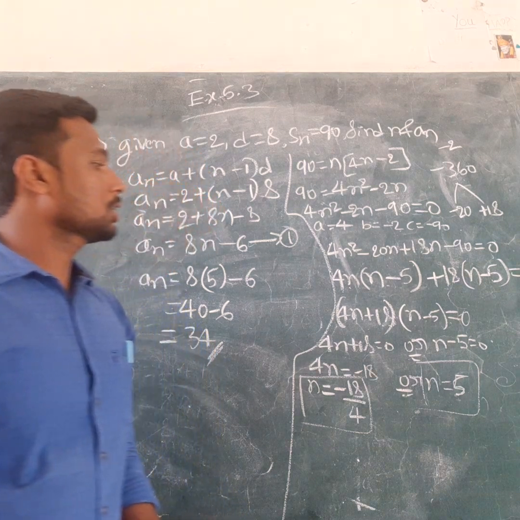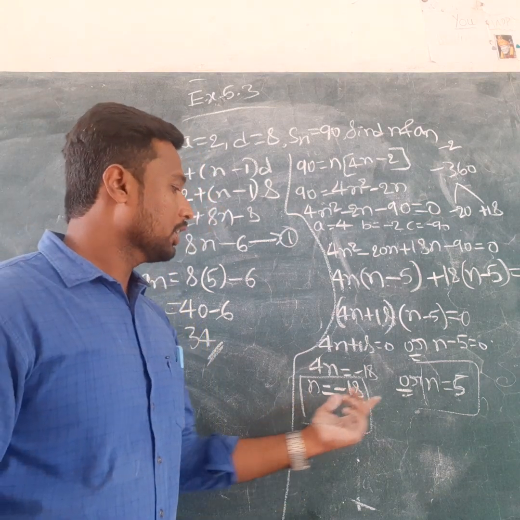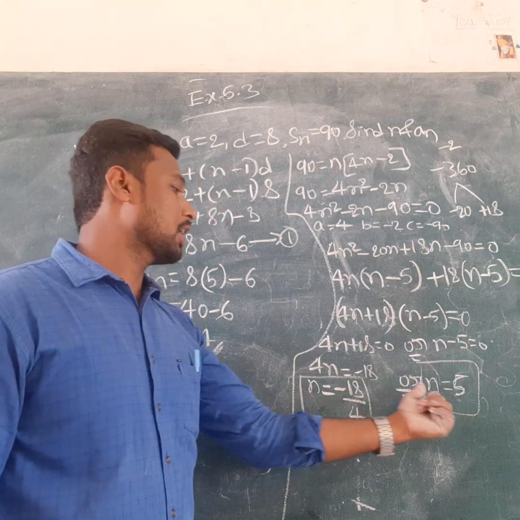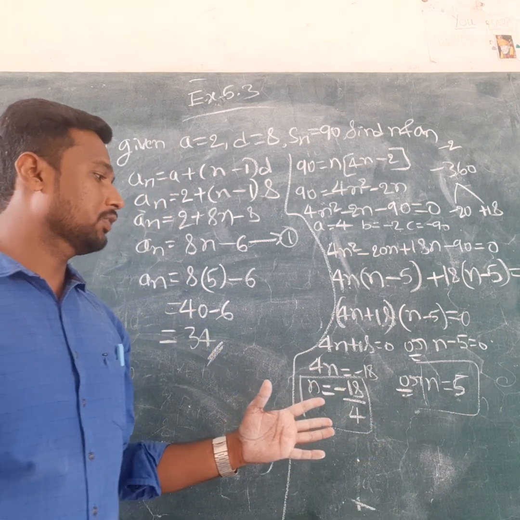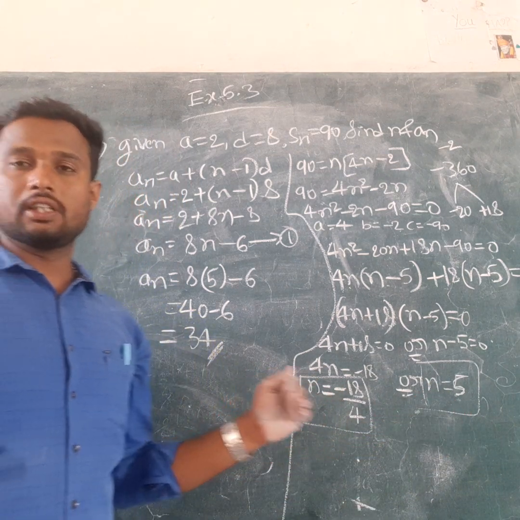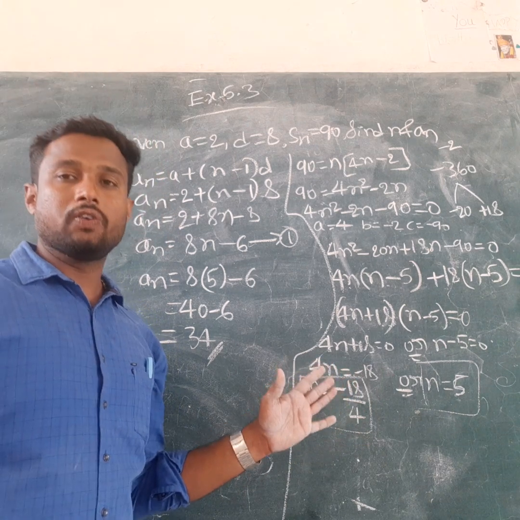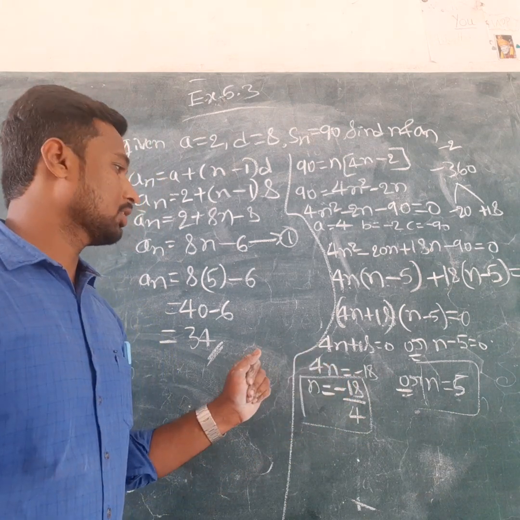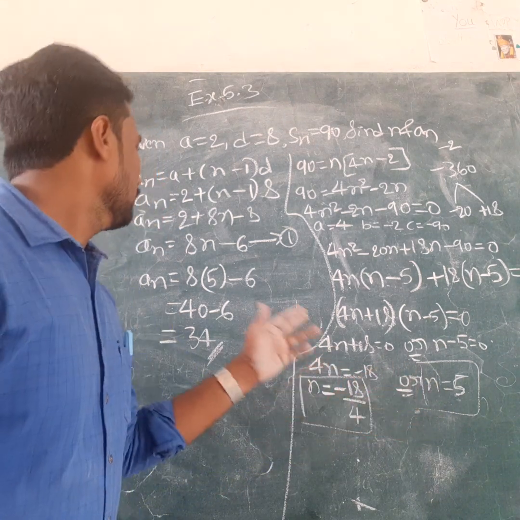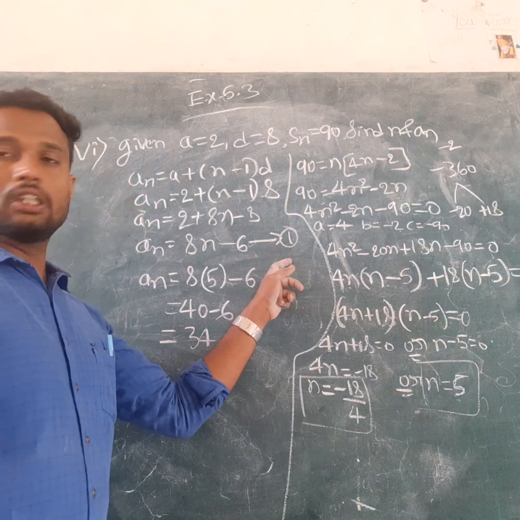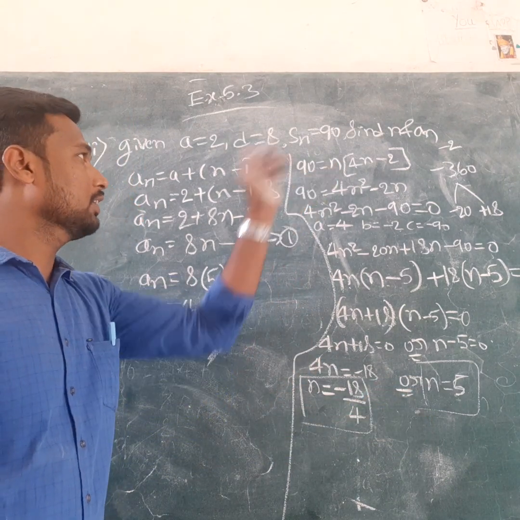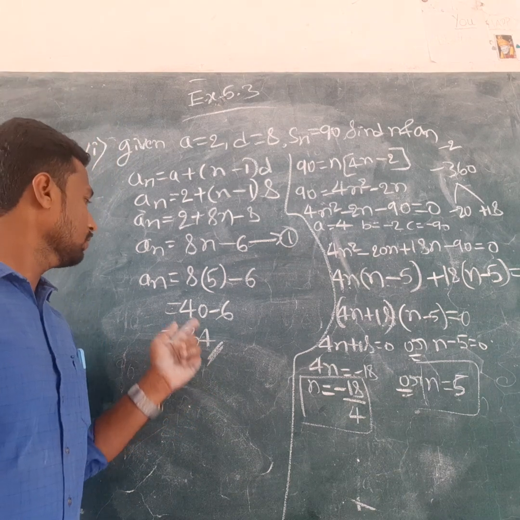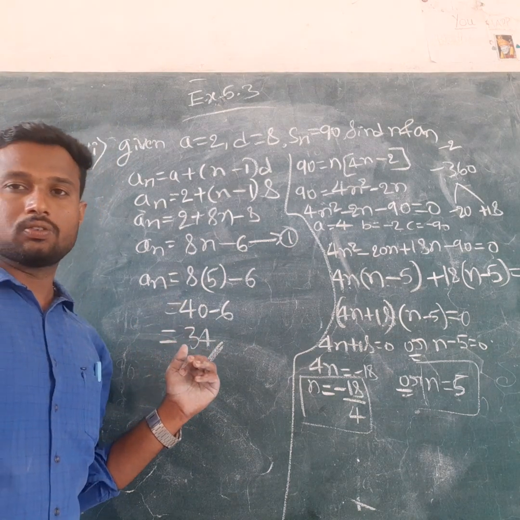By using the factorization method I got the two n values, minus 18 by 4 and n is equal to 5. So I will consider n as 5. Why? Always n should be a positive integer. After this I will insert this n value into equation 1 to get the an. So now the an value is 34.